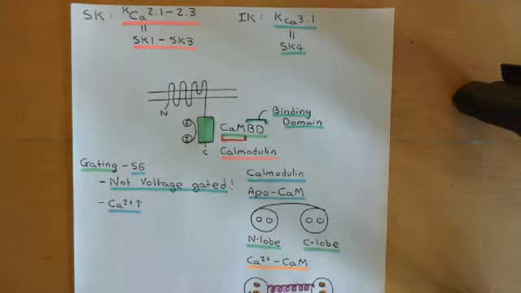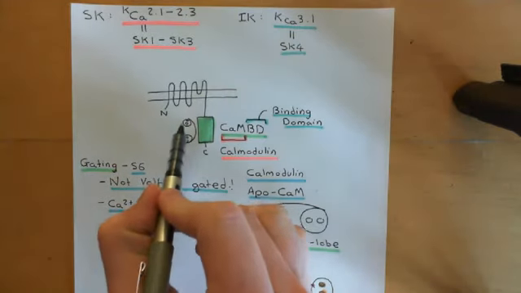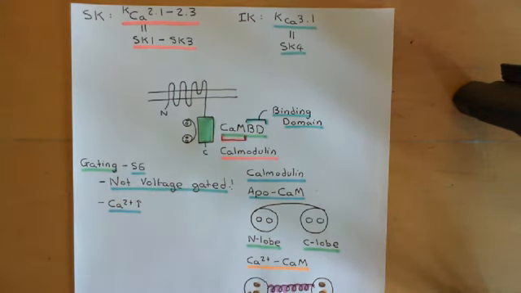Then, when a calcium signal occurs in the cytoplasm of the cell, what happens is that calcium ions are going to bind to those apocalmodulin proteins that are bound to the alpha subunits of the SK and IK channels.